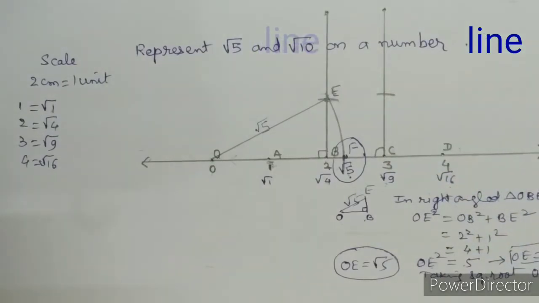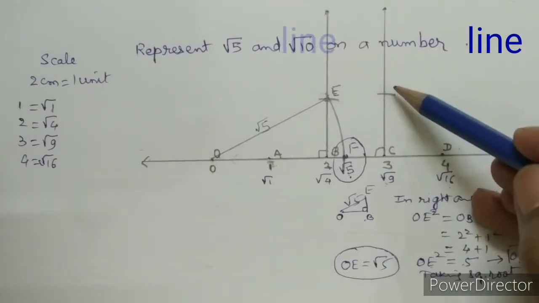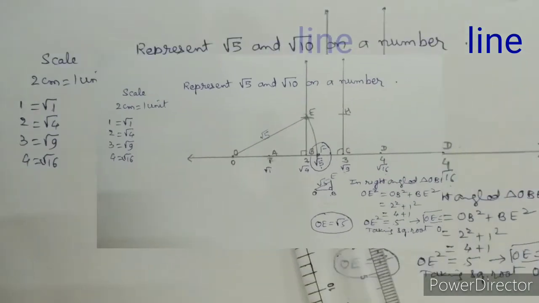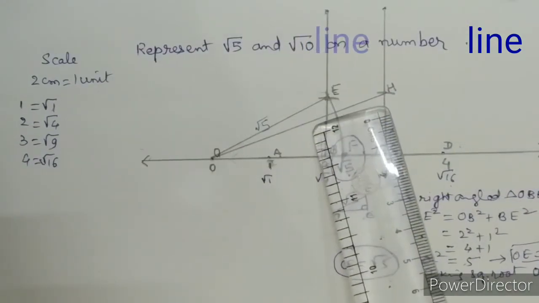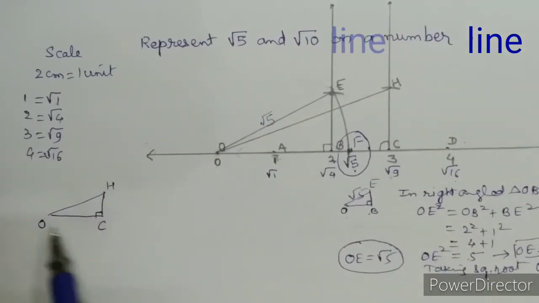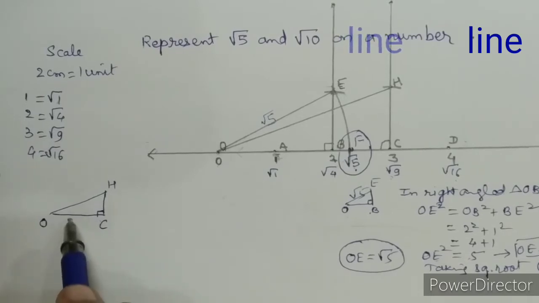This arc intersects this line at point H. Draw segment OH. Now in right angle triangle OCH, we have OC is 3 and we have CH is 1.